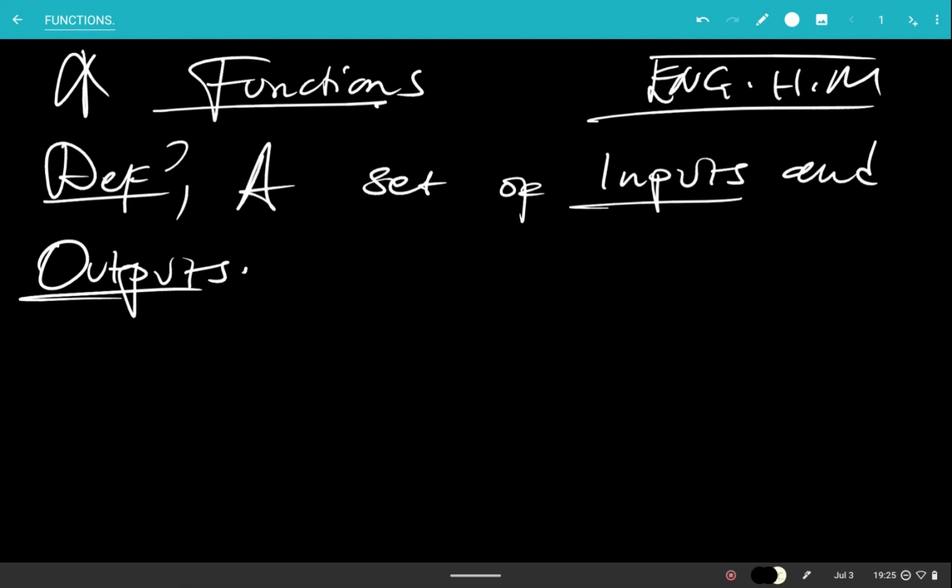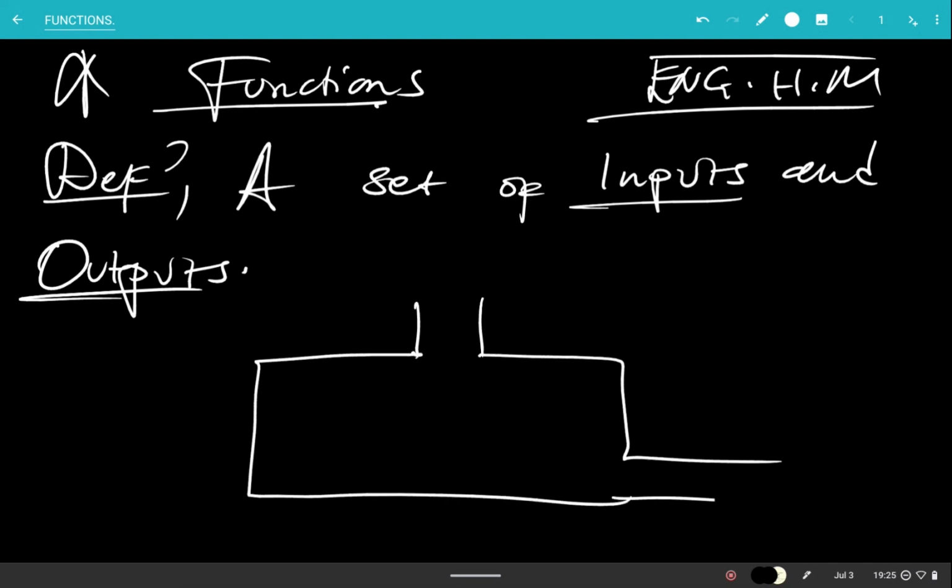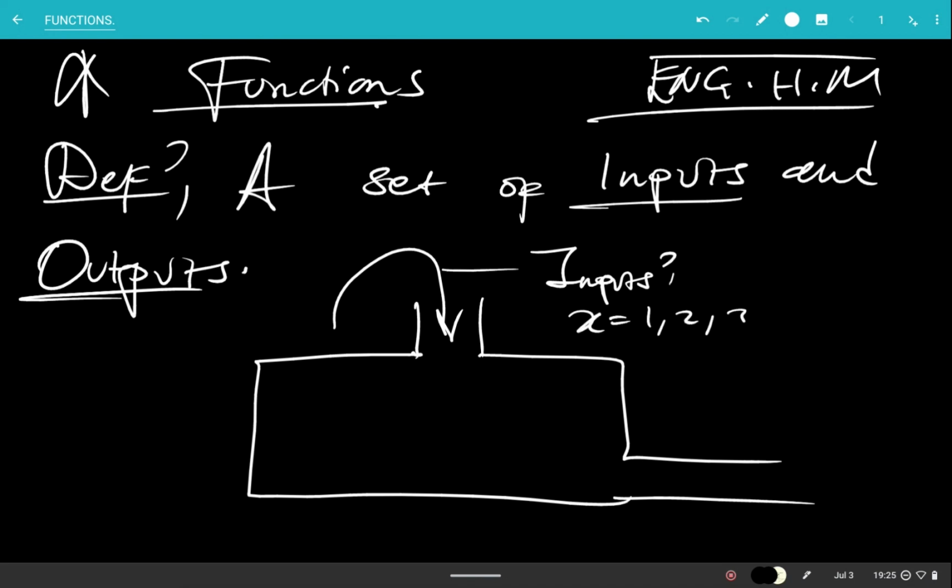So if we try to use an analogy of a machine, suppose that whatever I'm trying to put in this machine is my set of inputs, and these are the x values. Say x starting from 1, 2, 3, 4, and it keeps on going just like that.